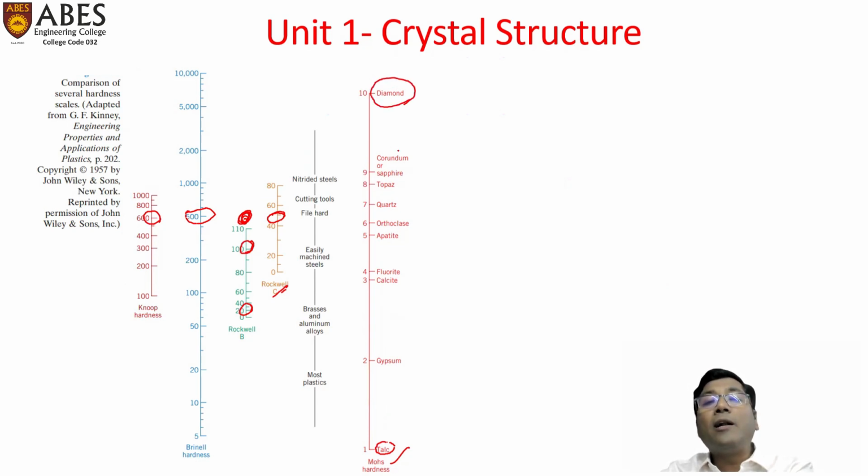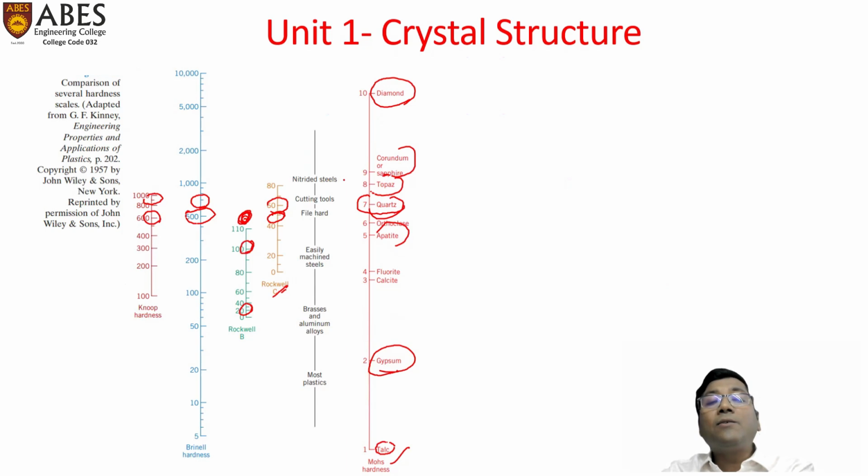In between, corundum or sapphire was 9, topaz was 8, quartz 7, and apatite was 5, and so on. Calcite was 3, gypsum was 2. So we can refer to a value of 7 for quartz on the Mohs scale, which comes to 60 for Rockwell C, around 700 for Brinell hardness, and around 900 for Knoop hardness.